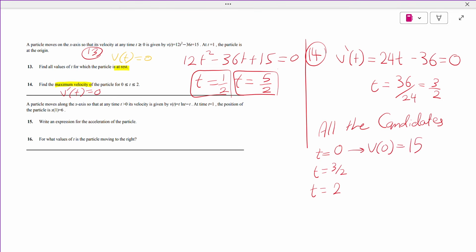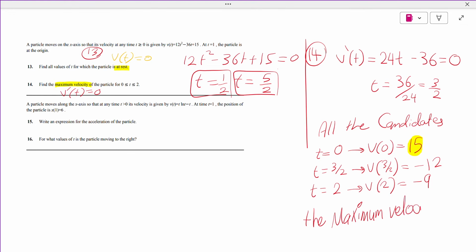If you plug in 0 for t in v, v of 3/2 will be minus 12, and v of 2 is going to be minus 9. I can see that this is the highest value. So the maximum velocity is 15. This is the maximum velocity.